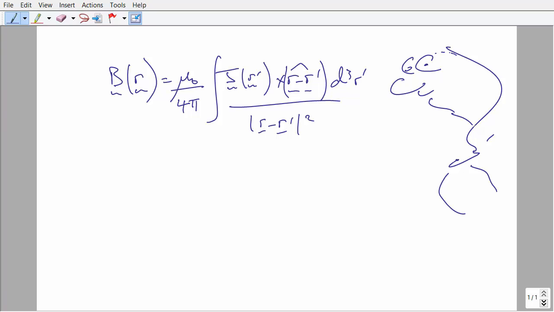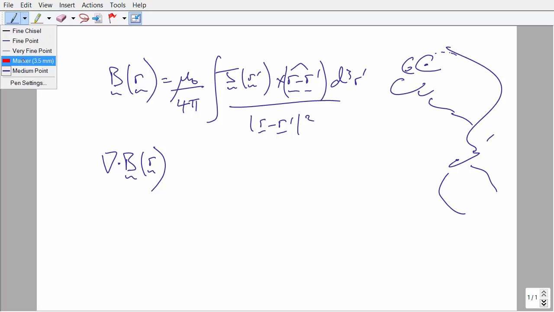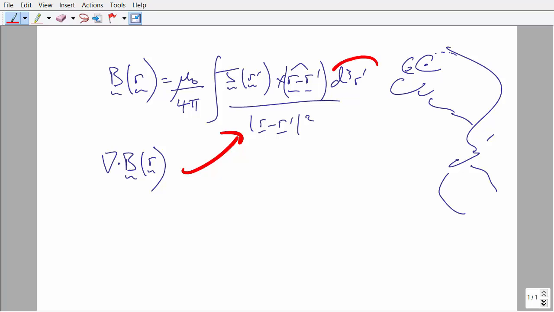And what you'll remember from our study of electric fields is that when we take the divergence, we're taking all the derivatives with respect to the unprimed coordinate. So the derivatives are going to come straight inside this integral, because the integral is over the r-primed coordinate.